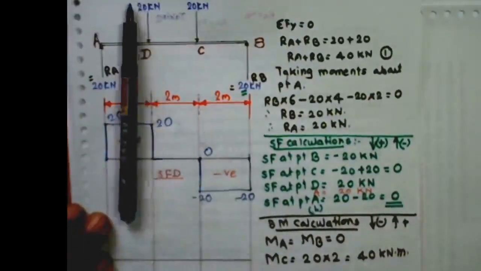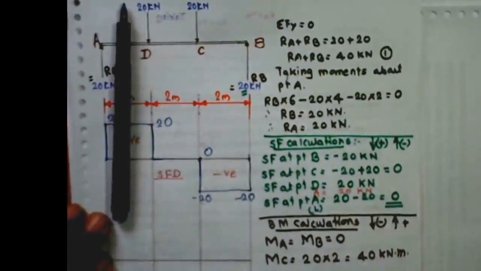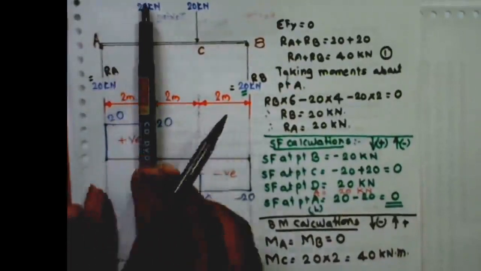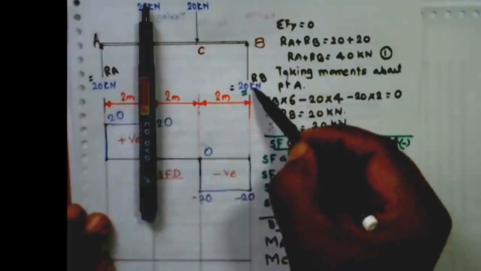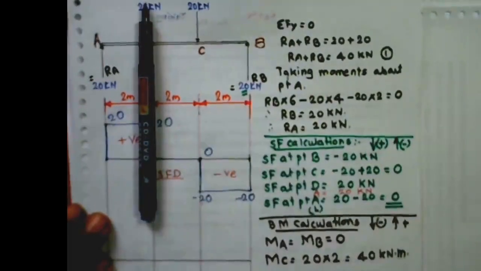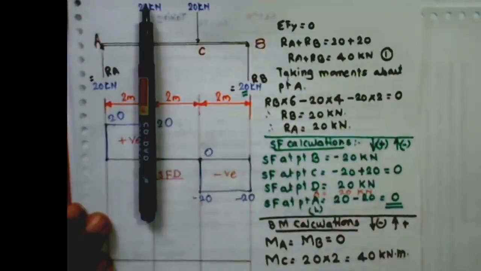Now next point at point D. Bending moment at point D is equal to, here again if I take a section here, at the right hand side I am getting two forces. One is RB and another is 20 kilonewton. So I am considering first RB, which is acting in upward side. So here you may write RB into its distance 4 up to the point D, minus force 20.